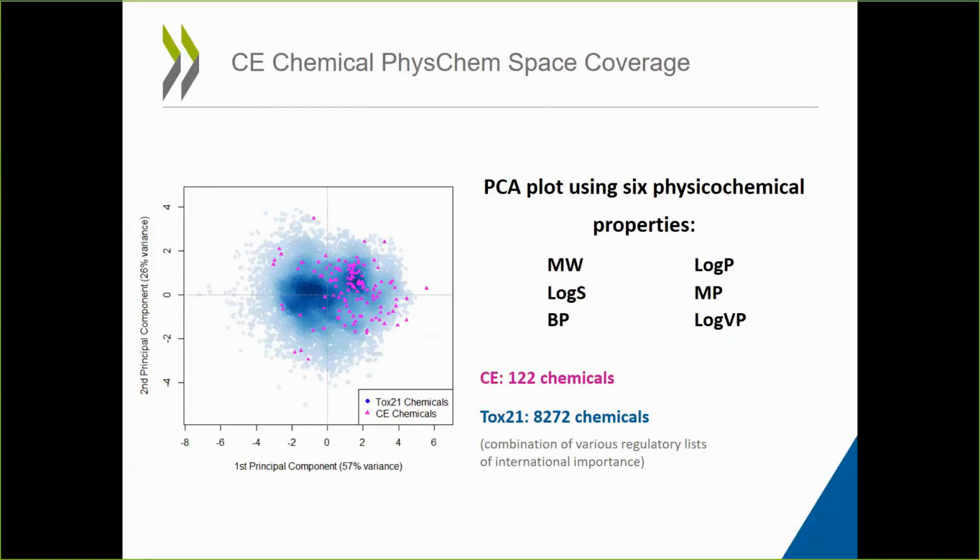But those are overlaid on top of the ToxCast, Tox21, I should say, chemical space for the same information. The Tox21 chemical space is over 8,000 chemicals, and these are chemicals that were identified from a variety of different regulatory lists and identified as internationally important. So you can see that, once again, from a different perspective, the Cosmetics Europe database is quite broad in terms of the chemicals that are included.